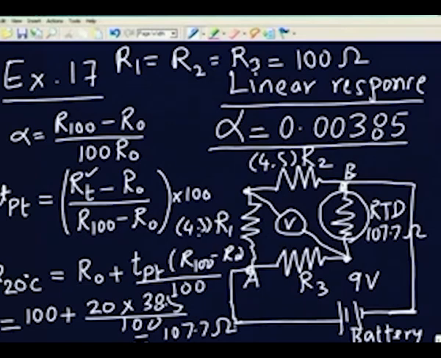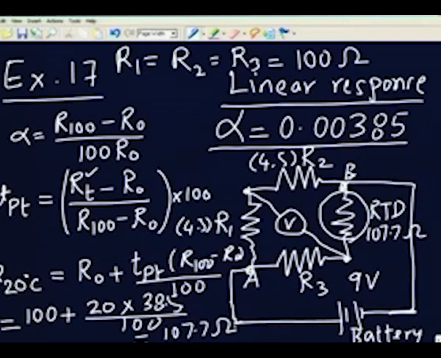However, this resistance is different from this one. Therefore, the 9 volts has to be divided in a slightly different way between this resistance and this resistance.